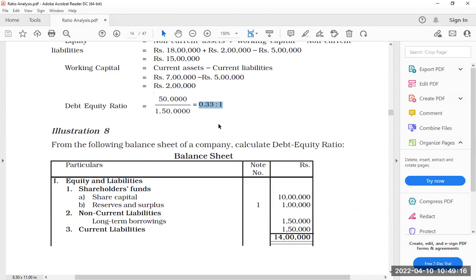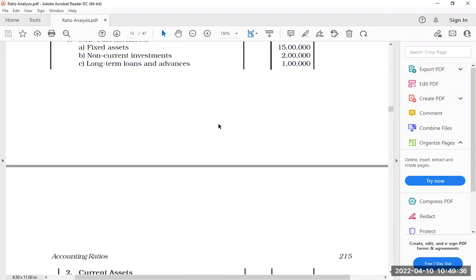Here it is measuring the long-term solvency. So if you are a banker, how do you look at a company which has a debt equity ratio of 0.33:1, where the standard ratio is, what is the standard ratio? We just discussed it now.